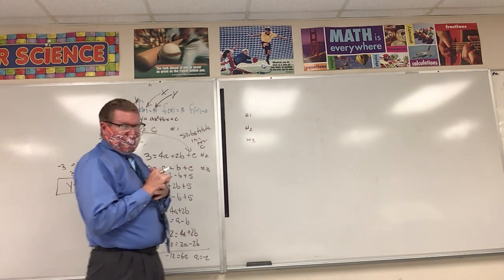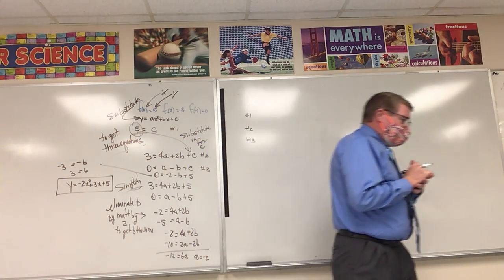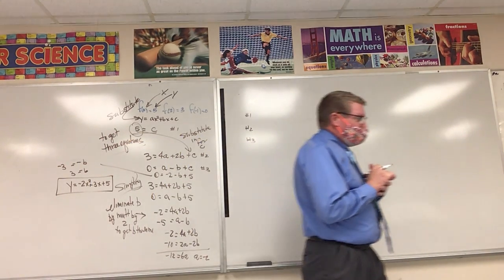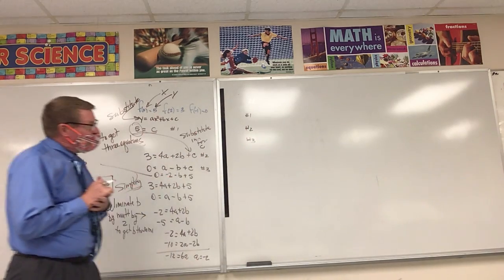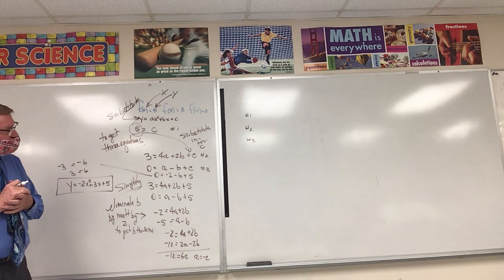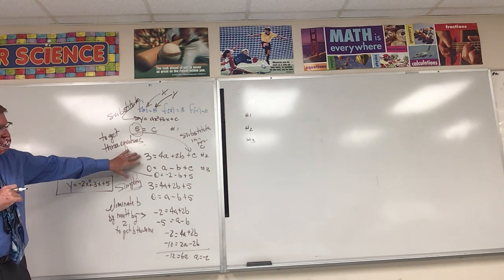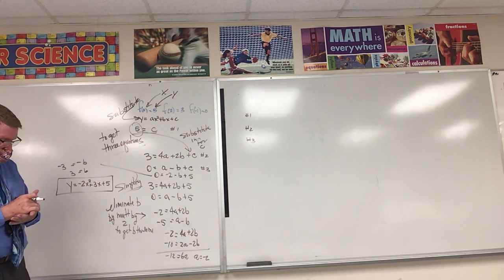Everybody should be on the homework page, what was it, 213? 212? 213, number 20. Negative f equals a times negative 2 squared. All right, you fill everything in for that first equation.